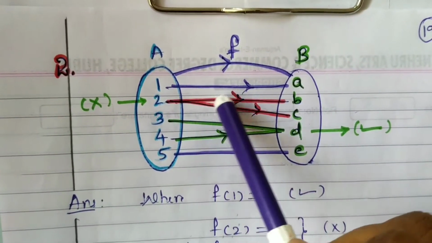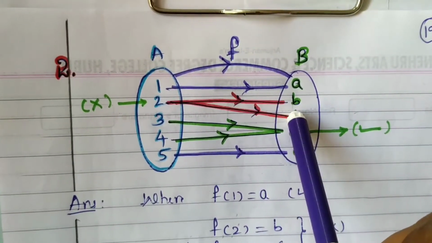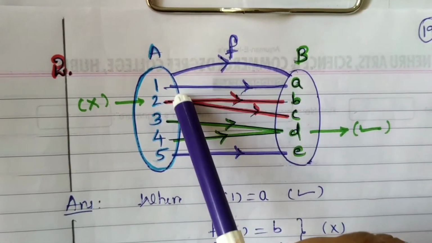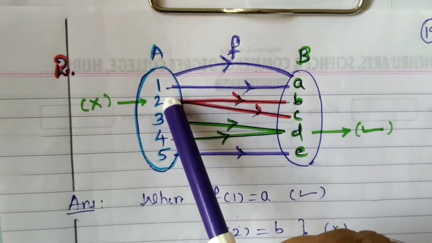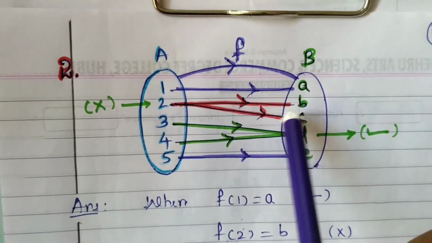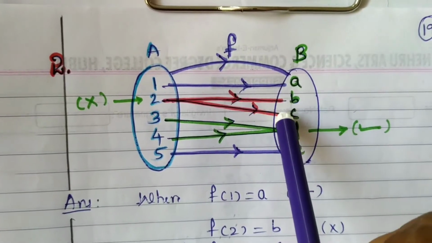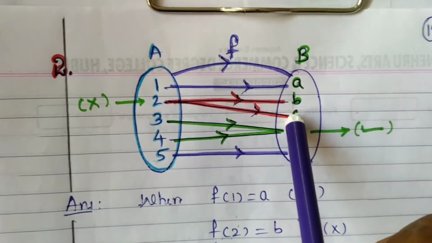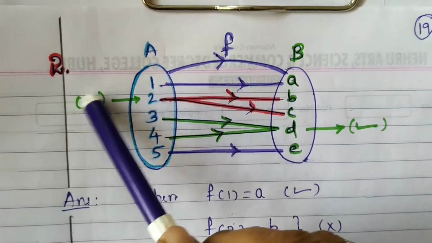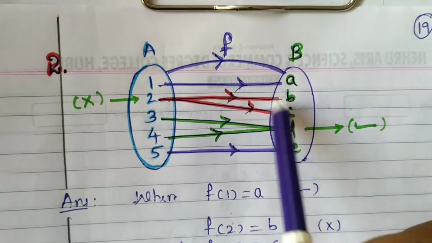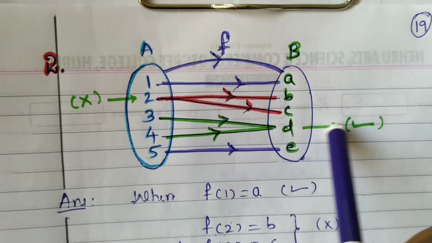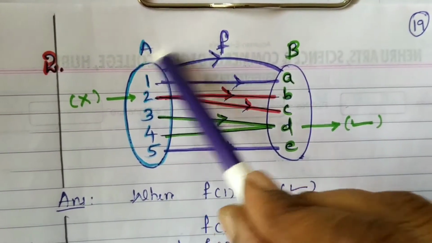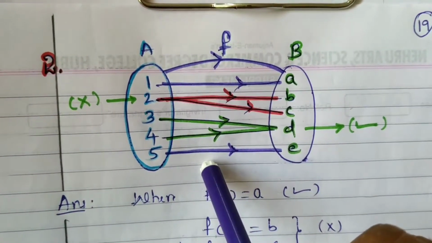But 2 is associated with 2 elements of B. It is not a unique association. It is not a unique image. Here 2 is not associated with a single element; it is associated with 2 elements. Therefore, this association of 2 is wrong. If it were 3 and 4 associated with D, then it is right. Therefore, f from A to B is not a function here.